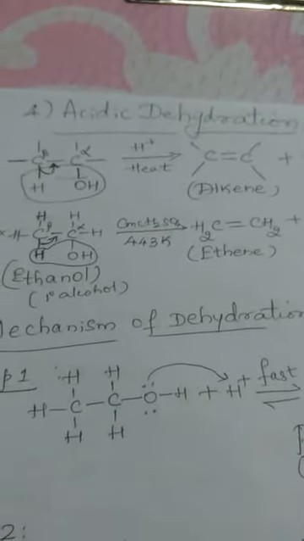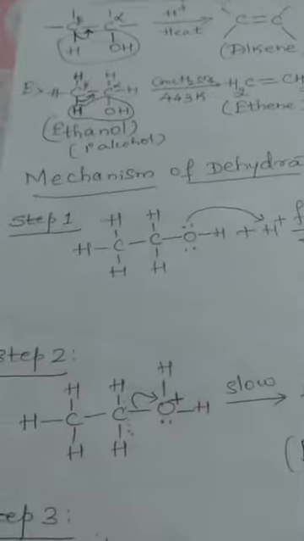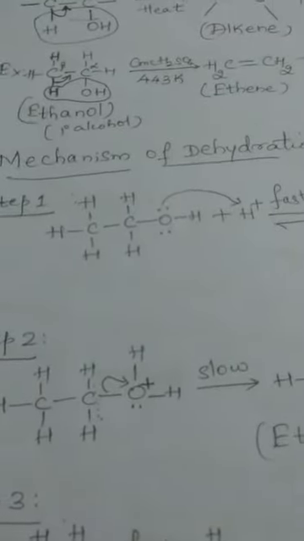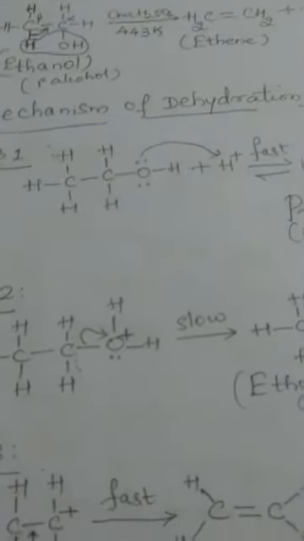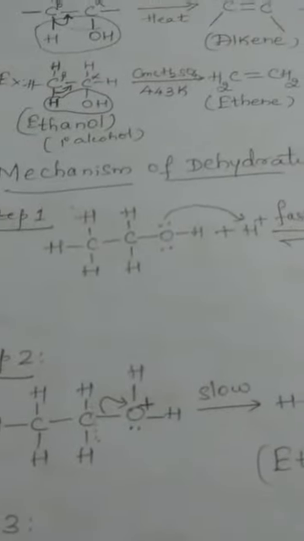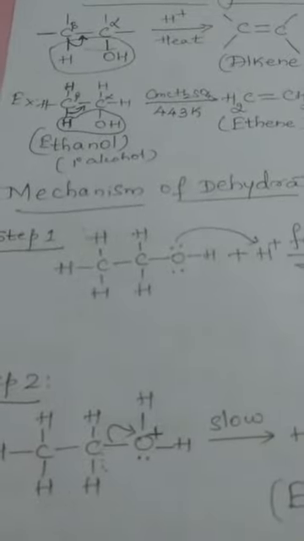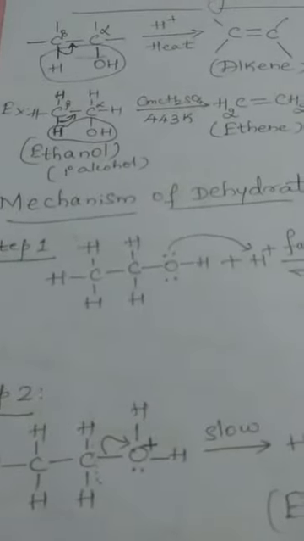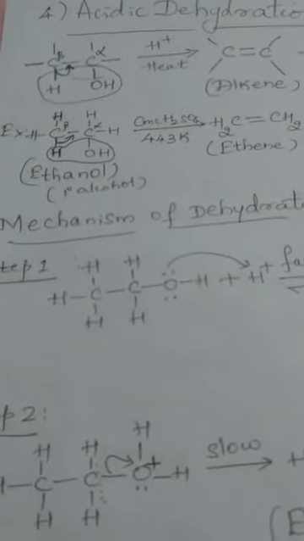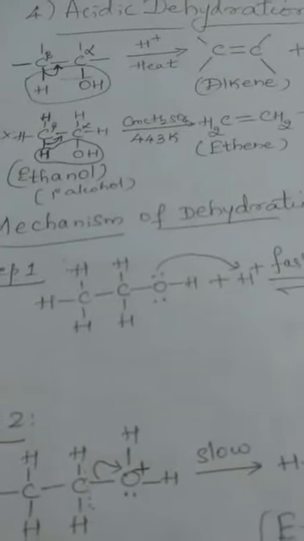Now you need to discuss the mechanism of dehydration of ethanol. So if you look at the structure of ethanol in the expanded form, the oxygen atom has two unshared pair of electrons or lone pair of electrons. The first step is formation of protonated alcohol.